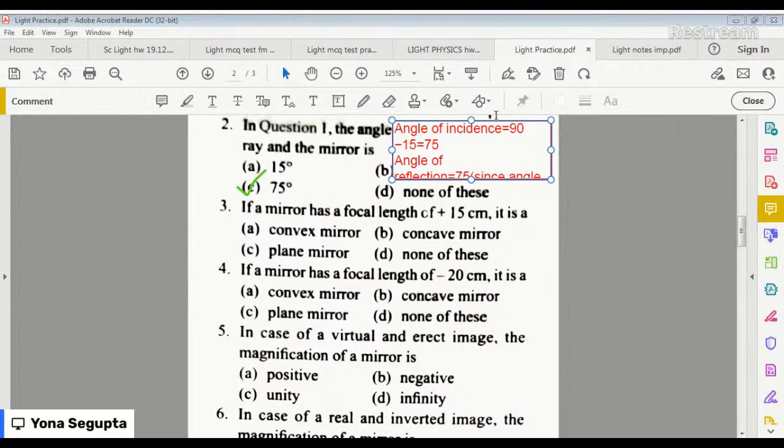We all know that a concave mirror only has a negative focal length. So it is a concave mirror here. I will write it down.